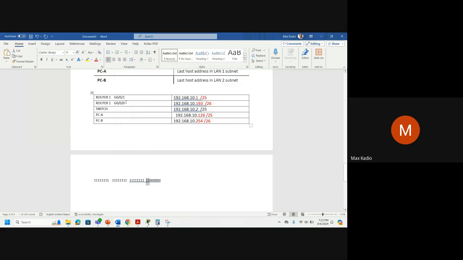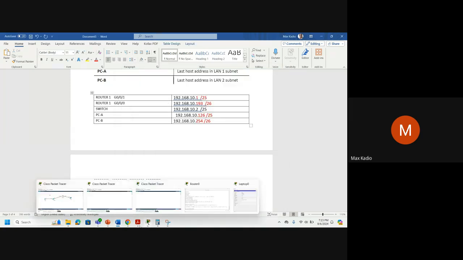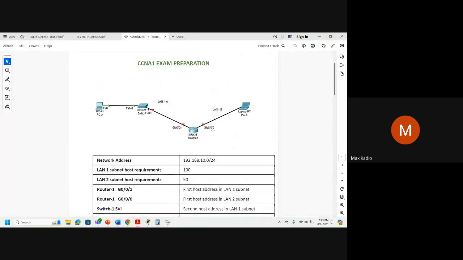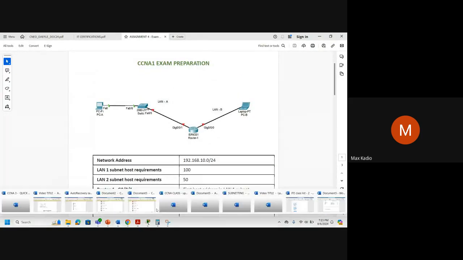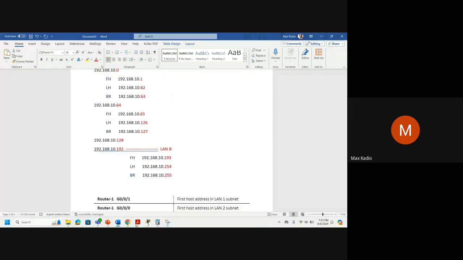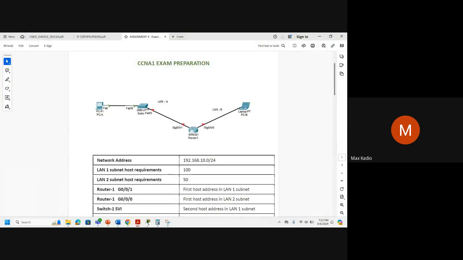And we interface G0/0. G0/0 we did is this one. So because PCB here is linked to this interface, G0/0 will be the default gateway for the PC.